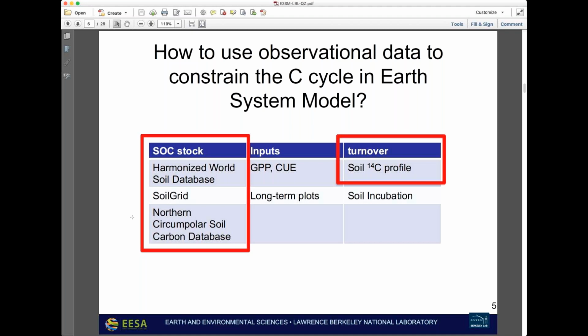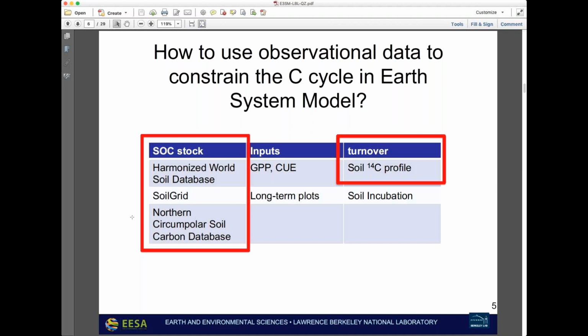And also for the high latitude ecosystem, we have the Northern Circumpolar Soil Carbon Database. But in order to better understand why we have this much SOC stock, we have to decompose and understand at least one of these components, either inputs or the turnover.